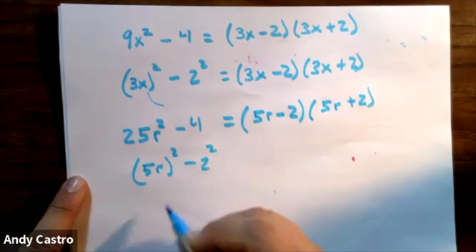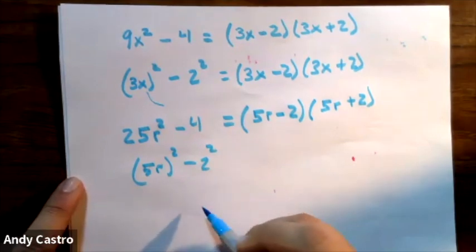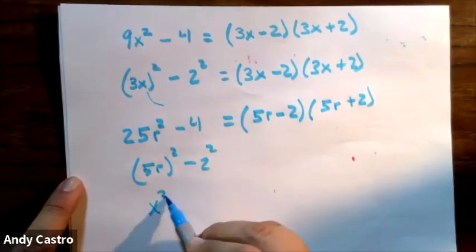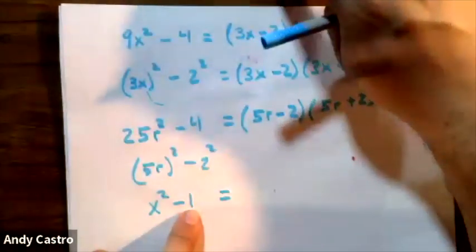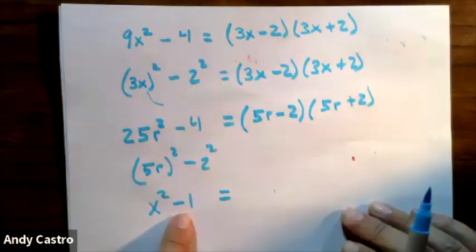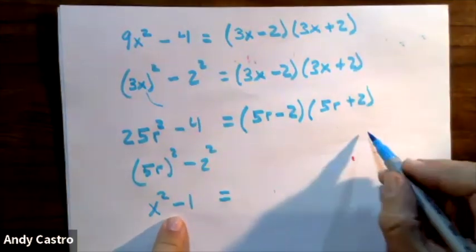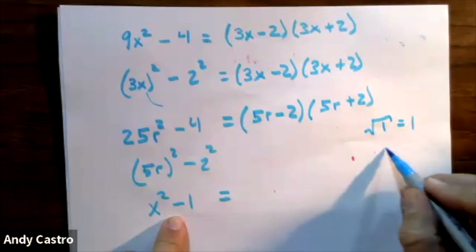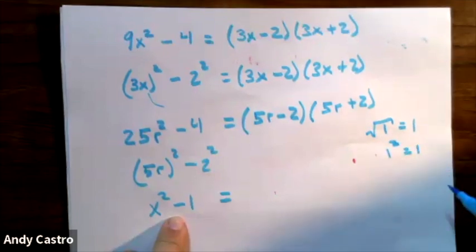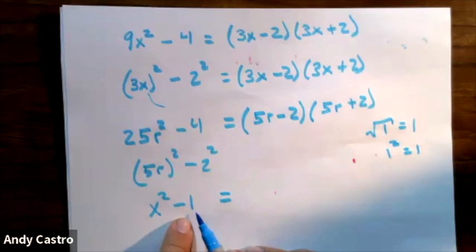All right, I'll show you one that a lot of students get wrong. They'll see x squared minus 1, and they'll be stumped by that. They don't see that as the difference of two squares, but in fact it is, because the square root of 1 is 1. 1 squared is 1. So 1 is a square.